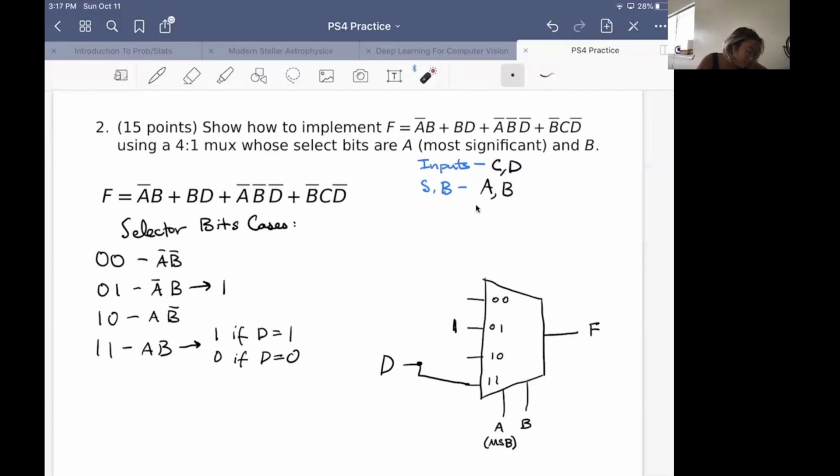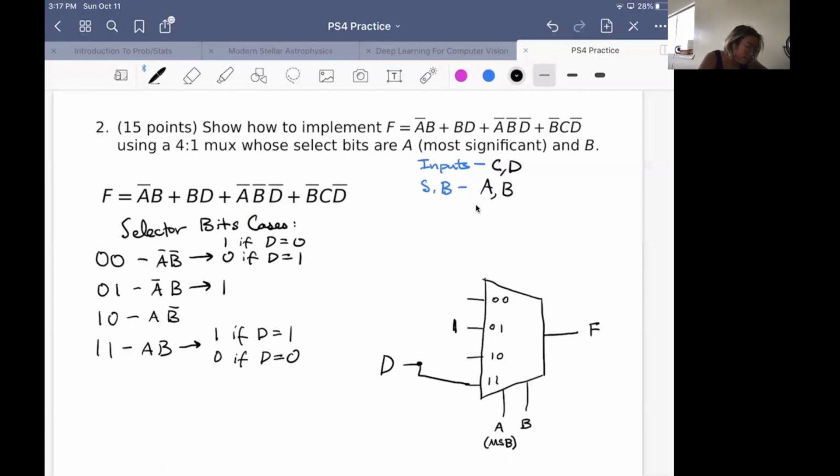So the next minterm is equal to not A, not B, not D. Obviously, this will be in regards to not A, not B, or mux input 0. And I know that I will get a 1 if D is equal to 0, and a 0 if D is equal to 1.